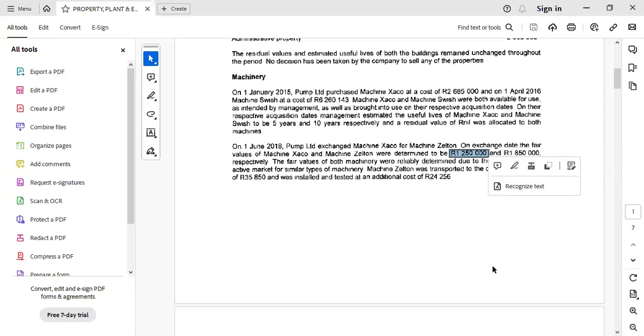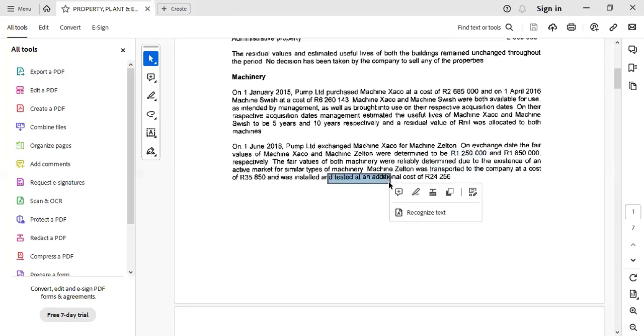And number two, all these additional costs incurred, transport, testing, are also added to the cost. Remember that any cost that you incur to ensure that your asset can be available for use is added to the cost of the asset.